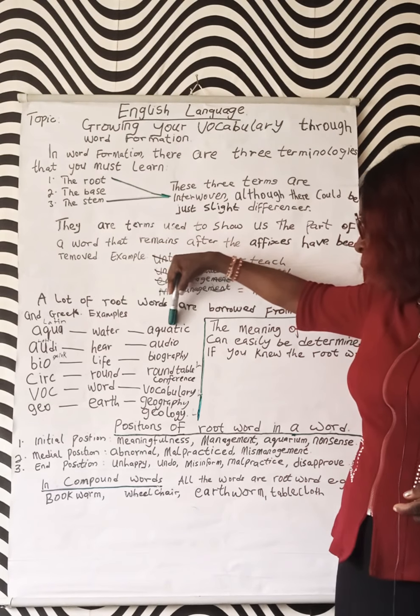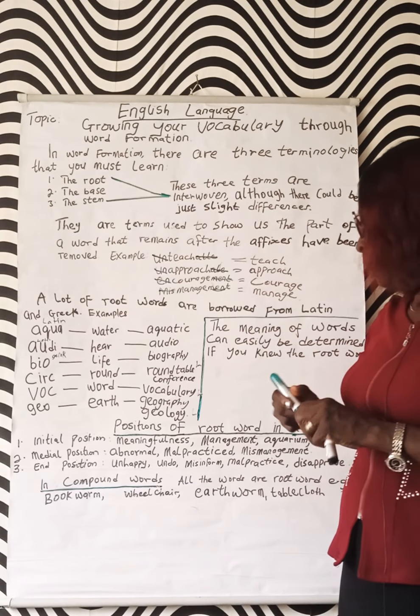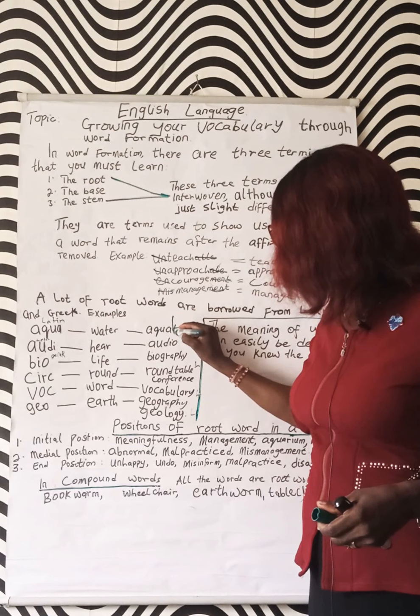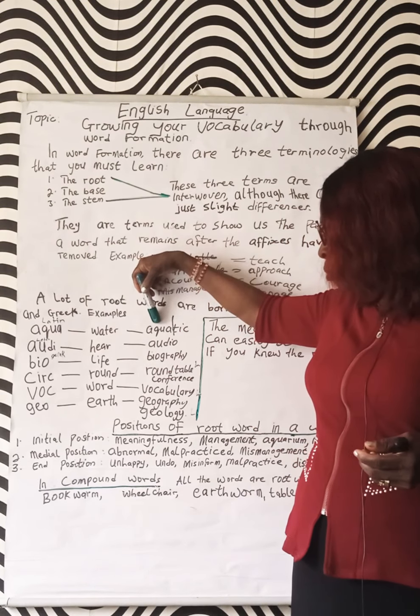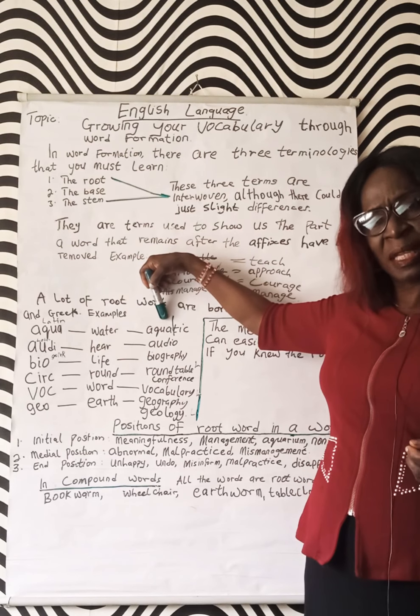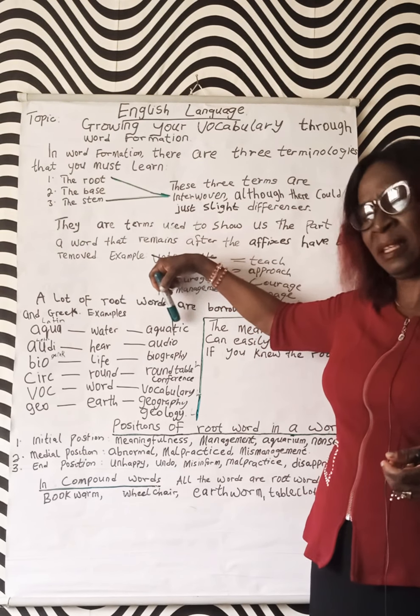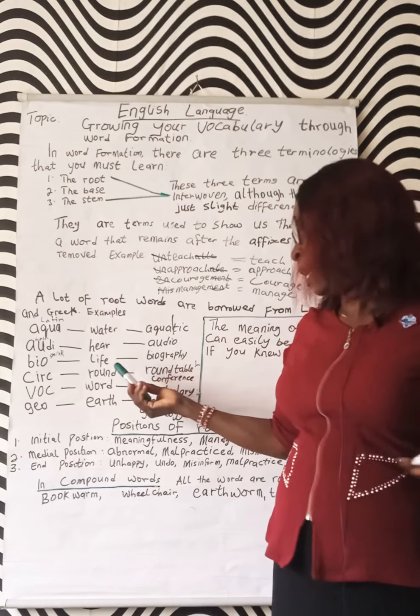So when you say aquatic, you have known the root word. You don't need to go searching for the meaning, because you have known that it has to do with water, aquarium, water side.